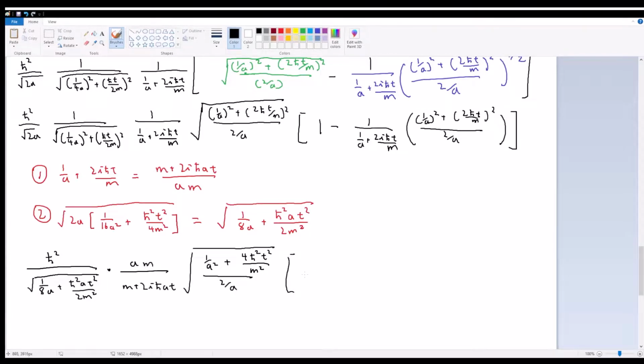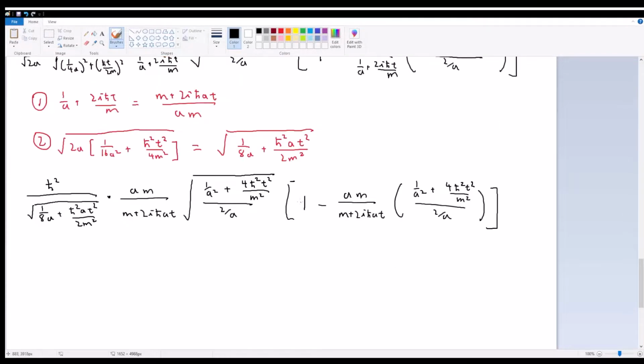And then we have 1, and then we have the same term here, 1 over a plus 2i h bar t over m. So this is going to give us minus am over m plus 2i h bar at, and then multiplied by 1 over a squared plus 4h bar squared t squared over m squared over 2 over a.